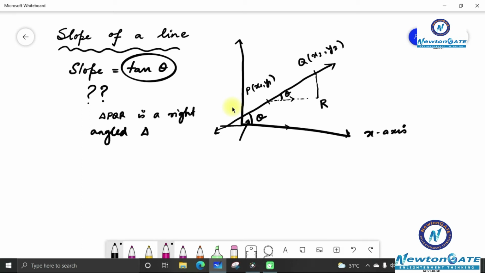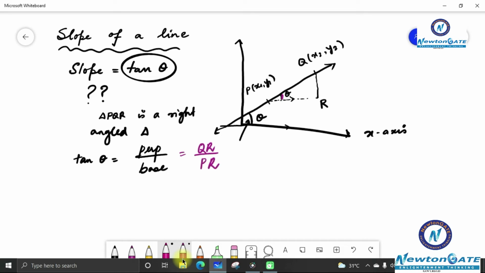Now we can say that tan theta is equal to perpendicular by base. By definition of tan theta, we have perpendicular by base. Now in the triangle PQR, which is the perpendicular and which is the base? With respect to theta, my perpendicular is QR, whereas my base is PR.